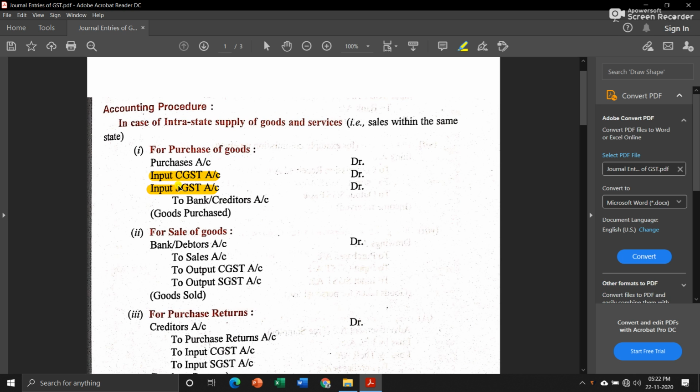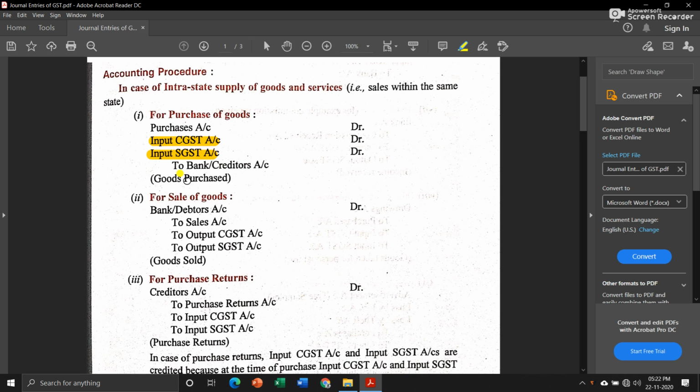Since it is kind of an expense, we will debit both the accounts. Suppose the GST amount is 12%, then CGST will be 6%, and SGST will be 6%. Then we will credit bank or creditors account as per the requirement of the transaction.